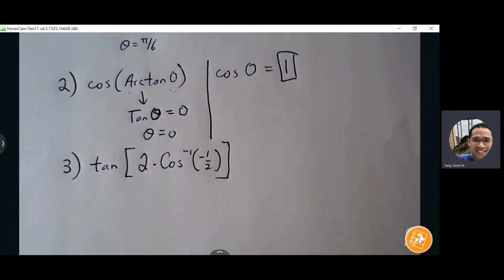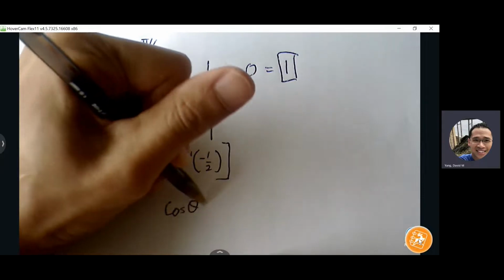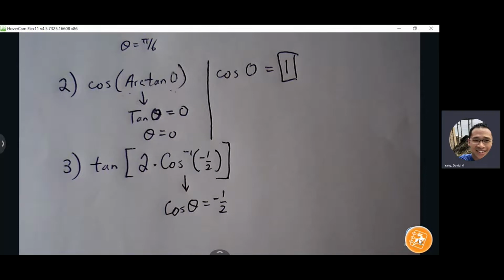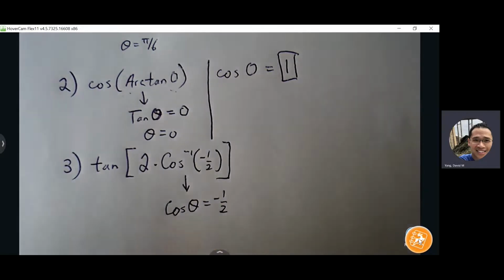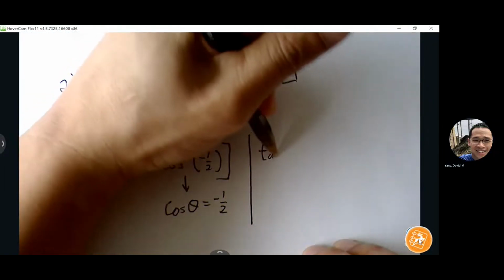So we're looking for a theta value that will allow cosine of theta to be equal to negative 1/2. What theta value will allow cosine of theta to be negative 1/2? 2 pi over 3. Yeah. So I'm just going to replace this whole thing with 2 pi over 3. Now I'm just going to rewrite this problem here.